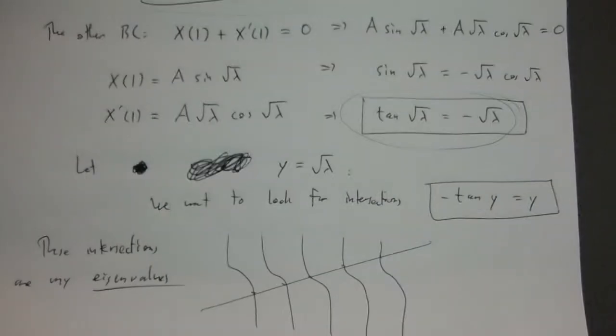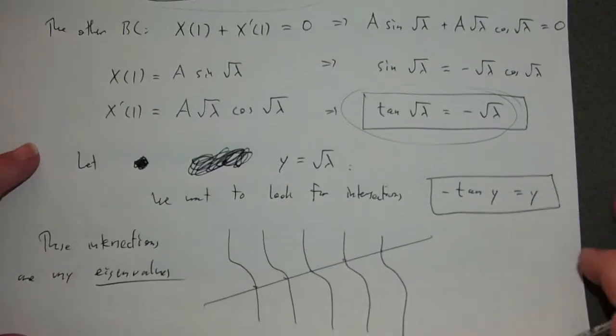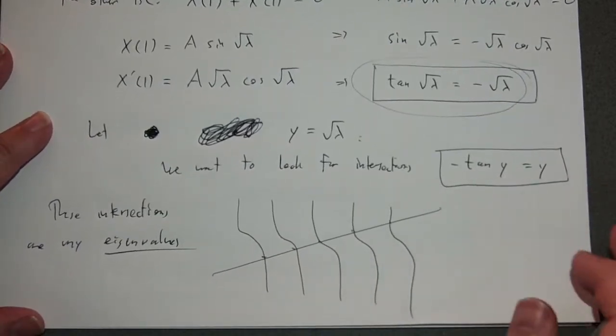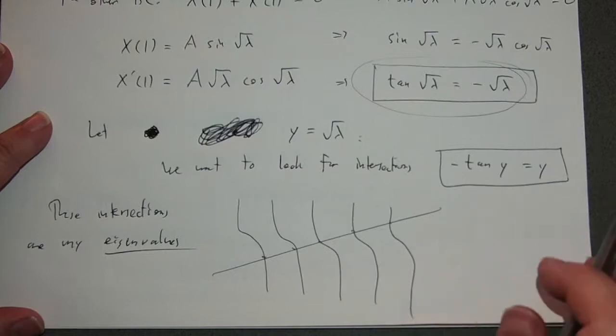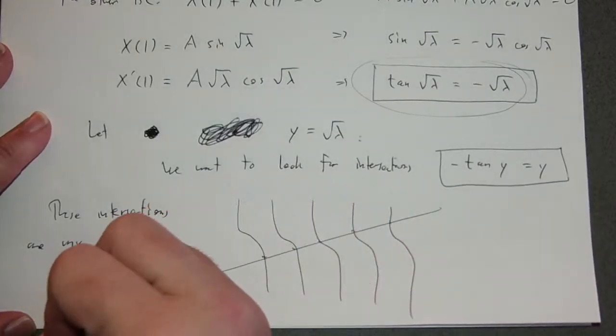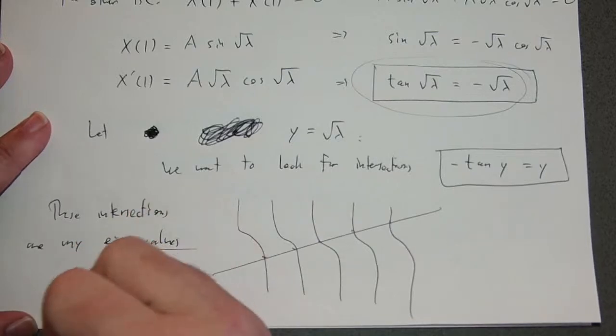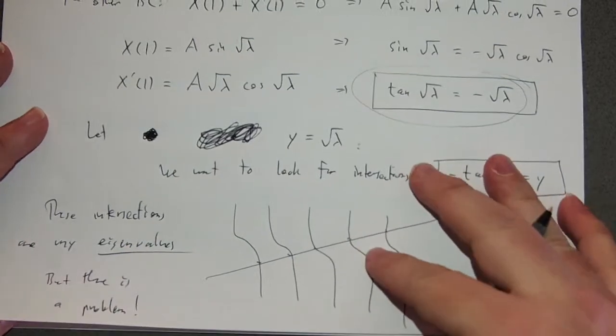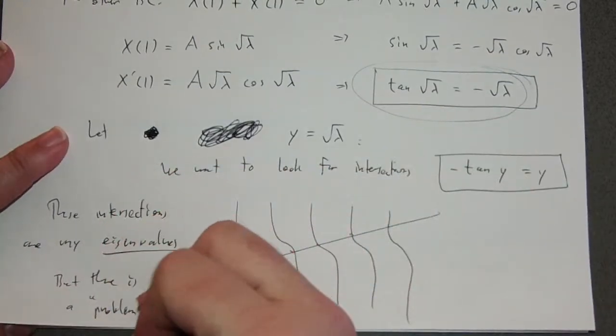But there's a problem here, right? The problem is that there's no closed form for these eigenvalues. In fact, these have to be approximated. Maybe I should say it's a "problem" in quotes, because I'll show you how we'll deal with it.